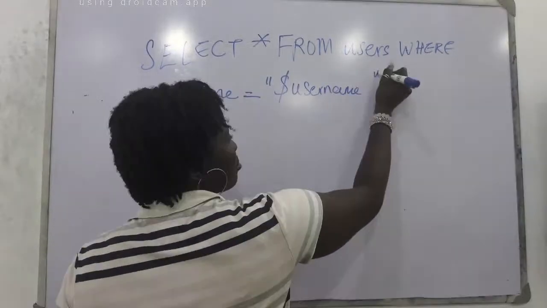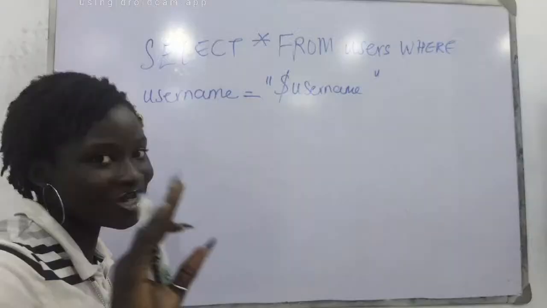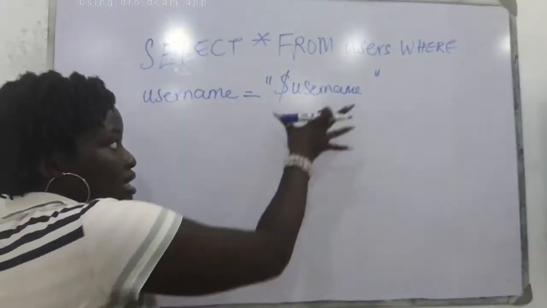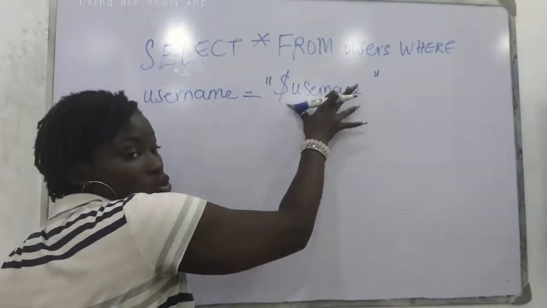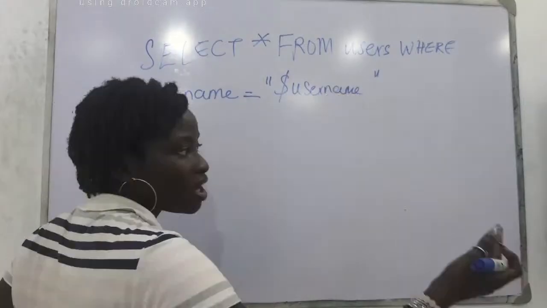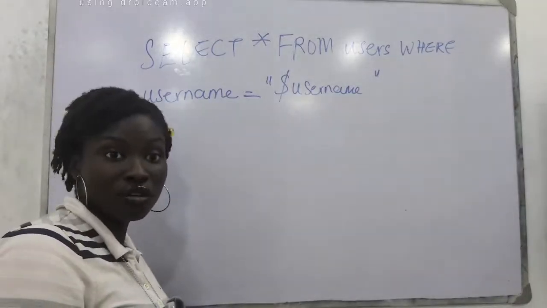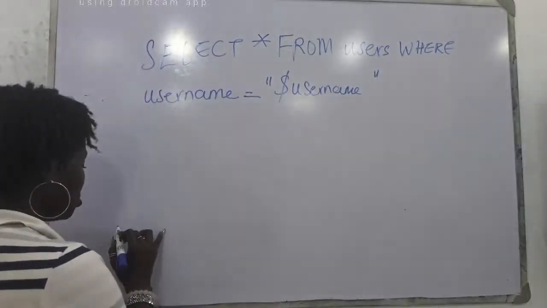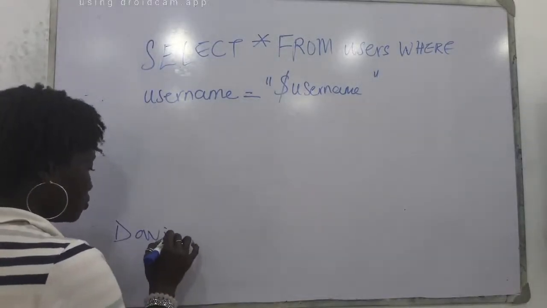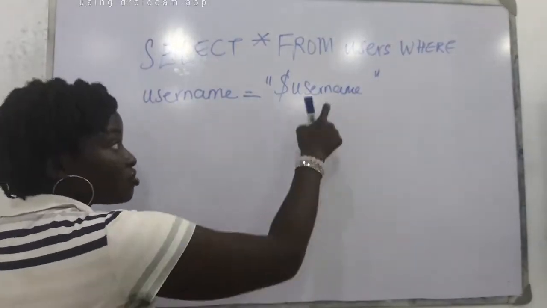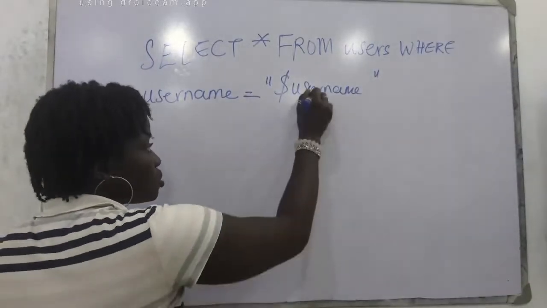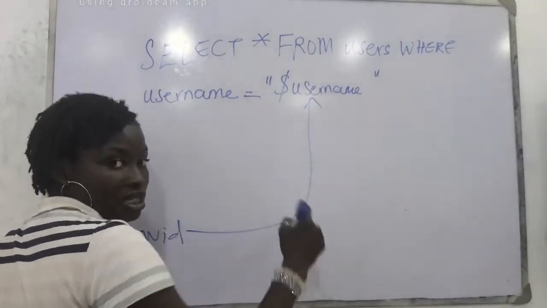I'm not fully versed in SQL because it's not my thing, but just assume this means the user's input, right? So whatever input you came in with, maybe you're typing into the login field, your name is David. So instead of this, what they are going to do is replace this with David.